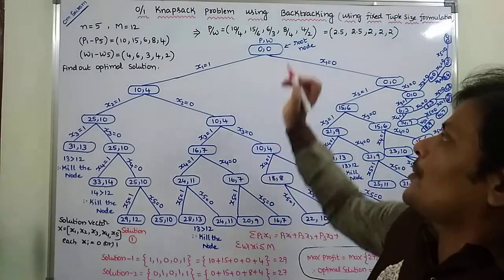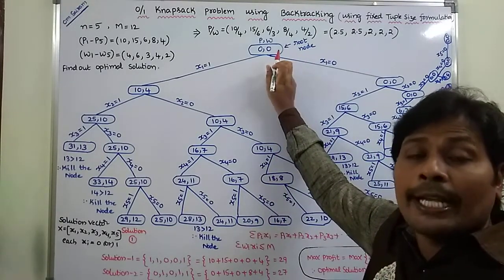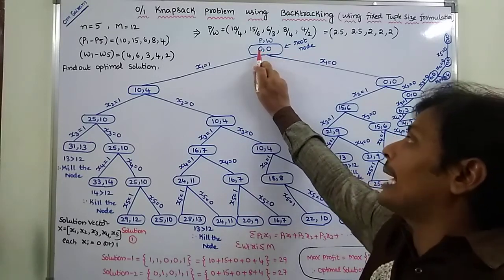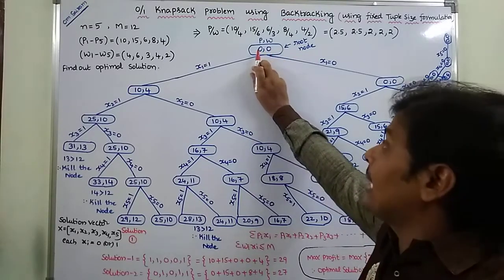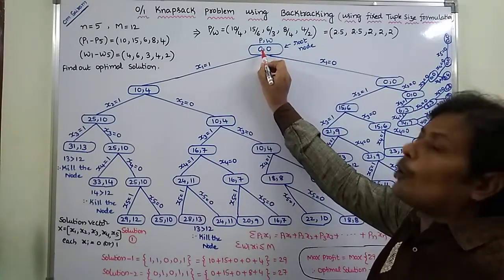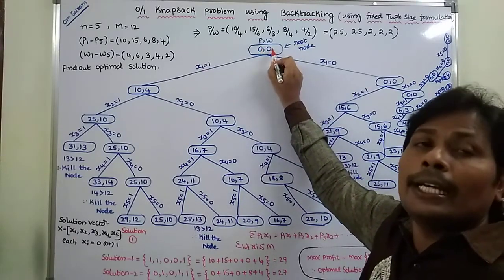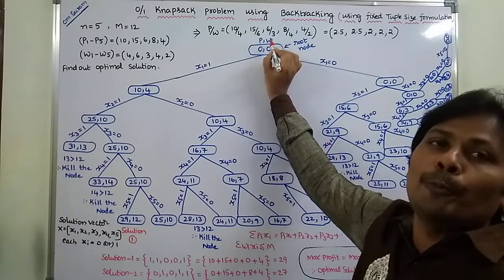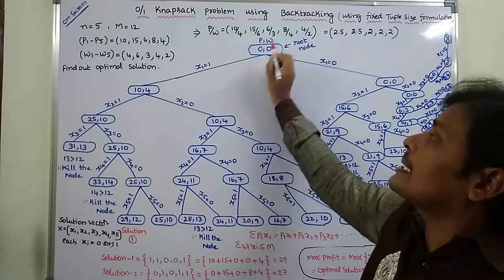So this is the state space tree using the fixed tuple size formulation and the dynamic state space tree method. First, the state space tree starts with a root node. The root node contains two coordinates. The first coordinate is the profit coordinate and the second coordinate is the weight coordinate, so that is a P comma W pair.